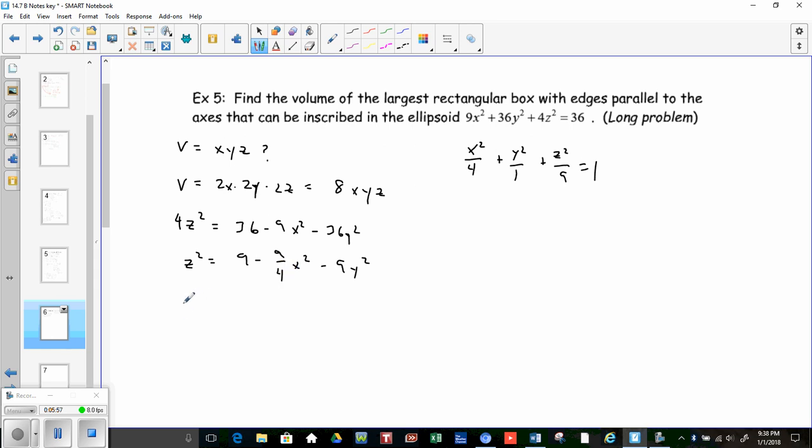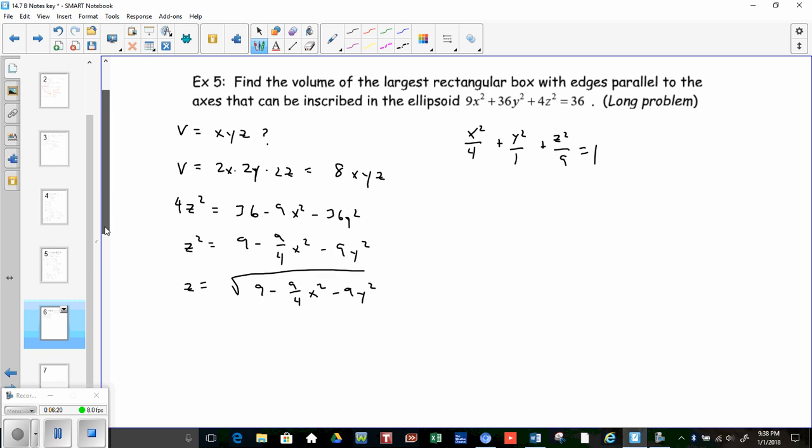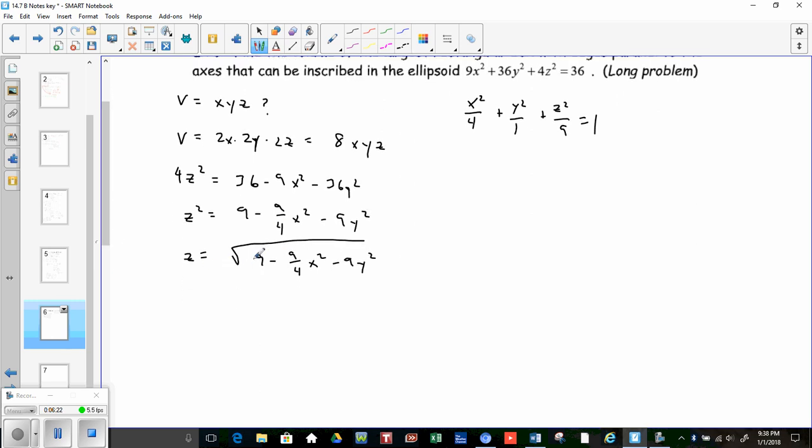And then z is going to be the square root of all that: 9 minus 9/4 x squared minus 9y squared. And we can, of course, put the plus or minus, but we're really only talking about distance, so we really want this thing to be positive because z in this case is going to be a distance.